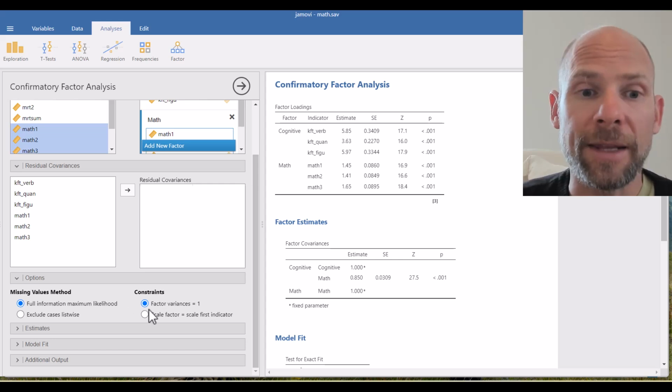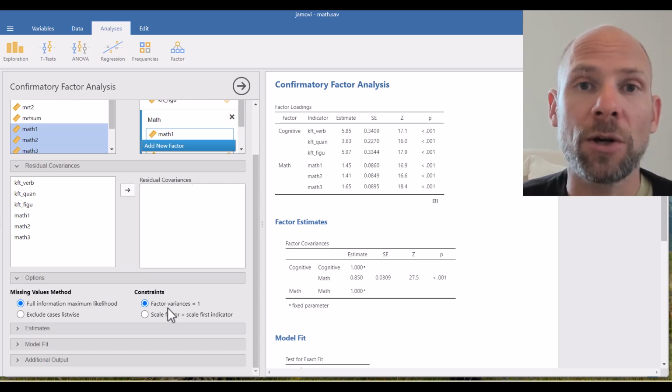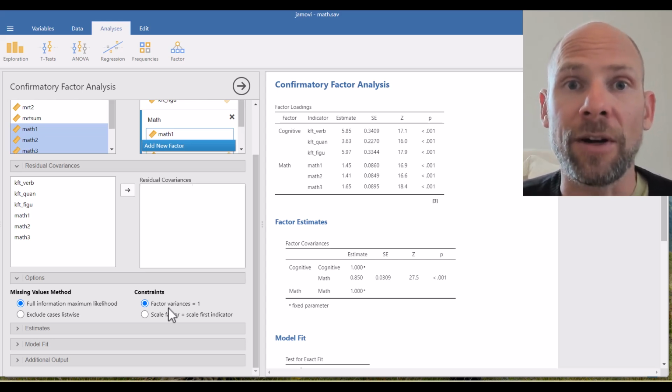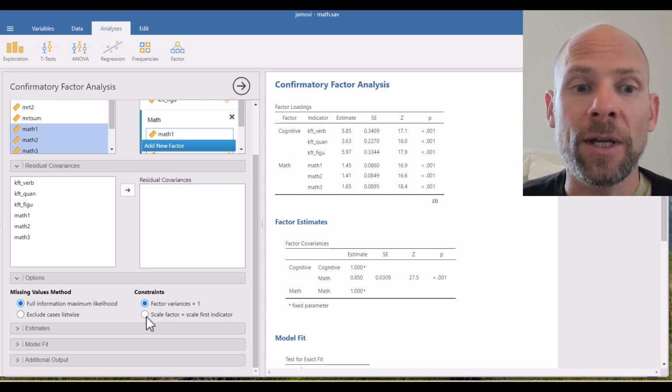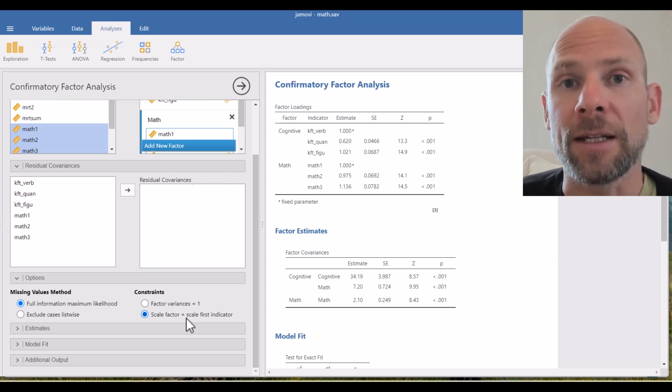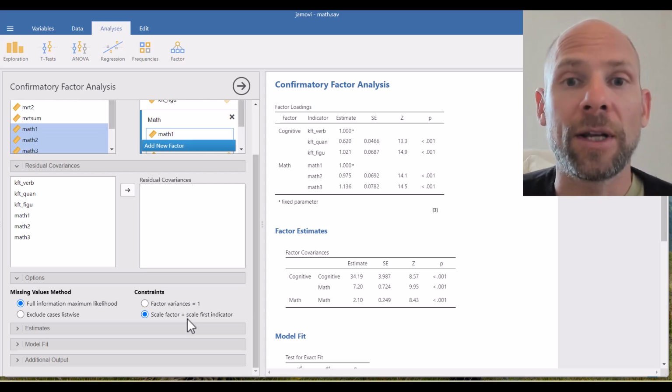Also, you can see under this option, you can change the constraints that identify the model. The default is, as I said previously, that the factor variances are fixed to 1, and you can change that to a scale option where the first indicator on each factor has a loading that is fixed to 1.